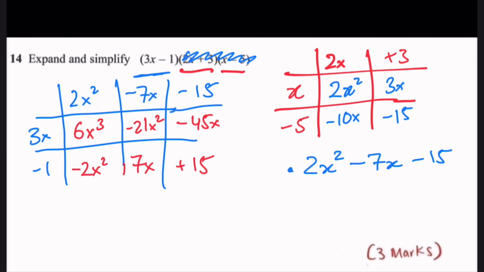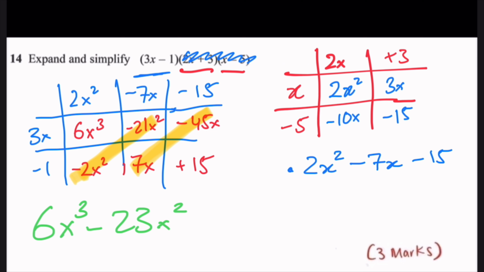Now, all the like terms, if you lay it out this way, are diagonals of each other. Okay, so I can combine all of these like terms, and I get, let's go to a normal pen, 6x cubed minus 21 minus 2x squared gives me minus 23x squared.